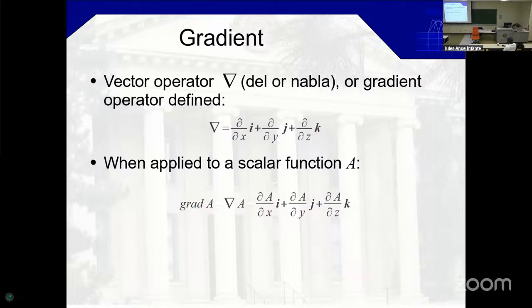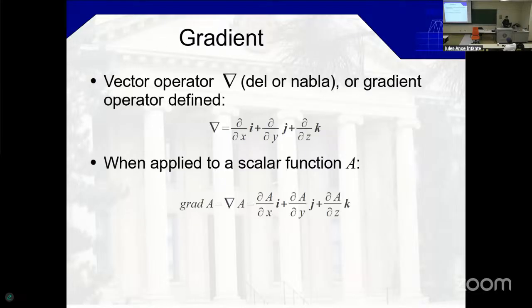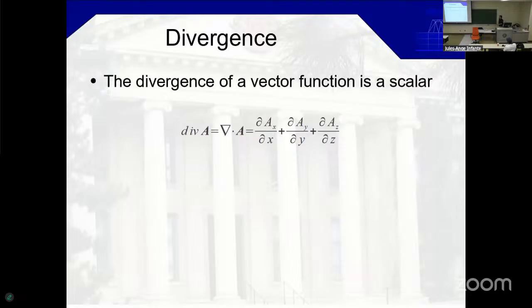So when we apply it to a scalar field, we get d of a over dx. The gradient is a very common operator, and it's written in a very similar way as the divergence. The divergence can be written as the divergence of the tensor or this way. You notice the difference between the 2 notations?